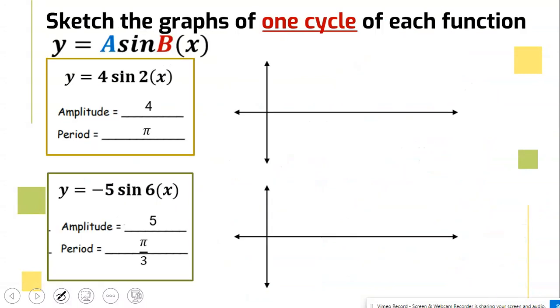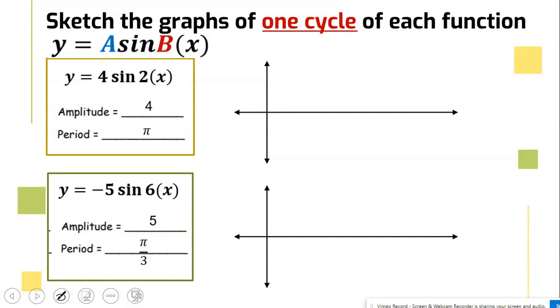All right. Now we're going to sketch the graph of one cycle of each function. Okay? So I'm going to give you an equation. Heck, I'm even giving you the period and amplitude for them. And when we're sketching the graph, what's important about this sketch is the labels.